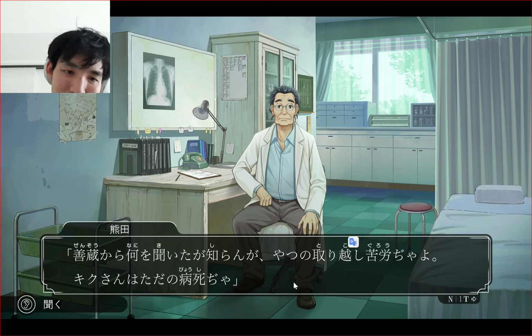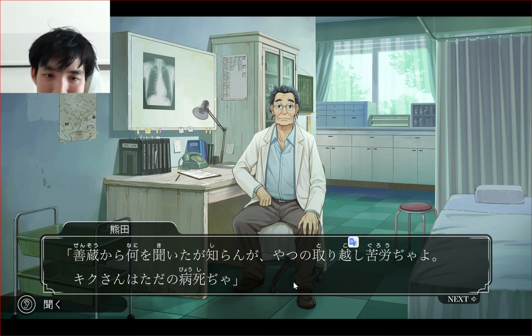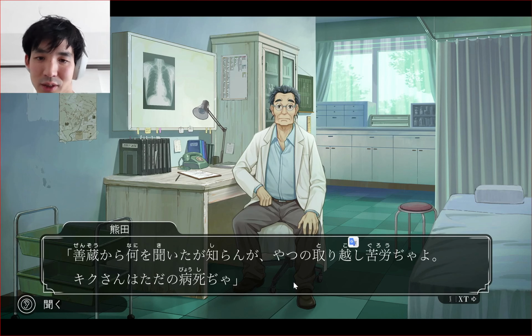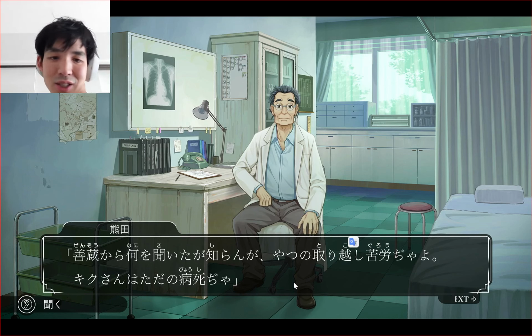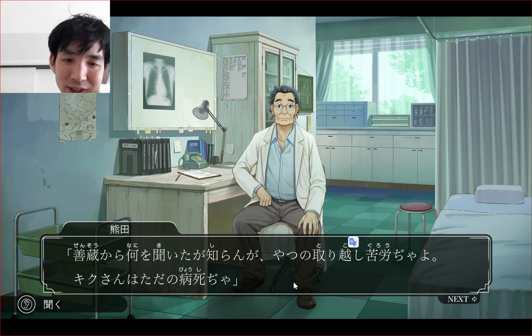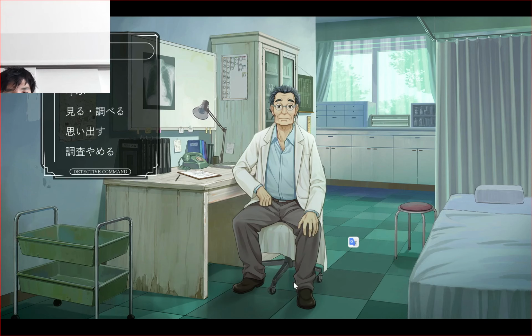It should be like nani o kita no, to nominalize this, ga shiran. Like I know shiru, shiran ga. Yatsu no, like that guy, torikoshi guro ja, that guy is over anxious. Kiku-san wa tada no byoshi ja, he just died, and then there's a little ending here, which is just for emphasis. Okay, the doctor is not suspicious about this stuff. So that's what we asked him.